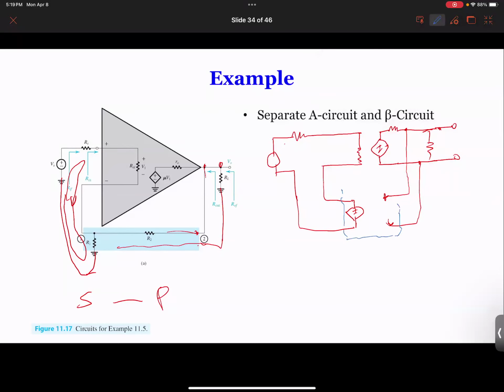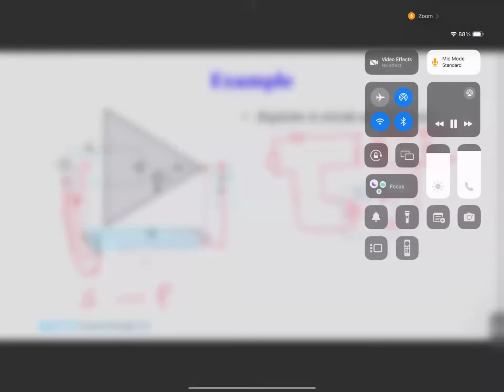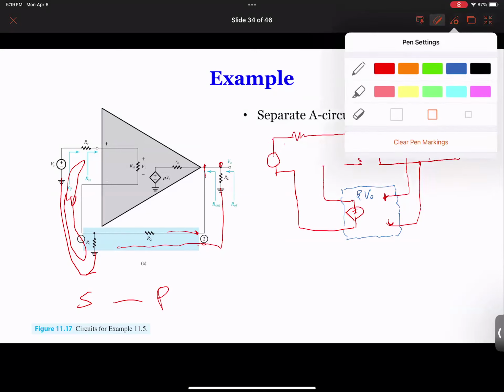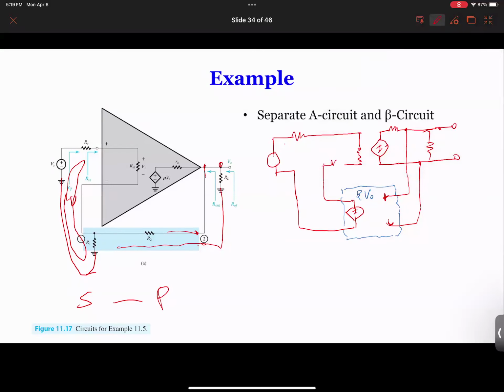This is our feedback, the beta times VO. I'm going to add these resistors.